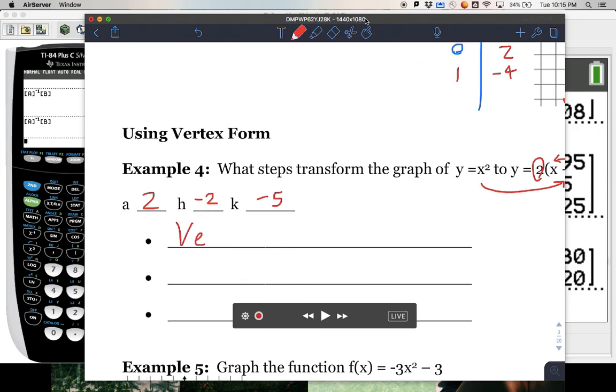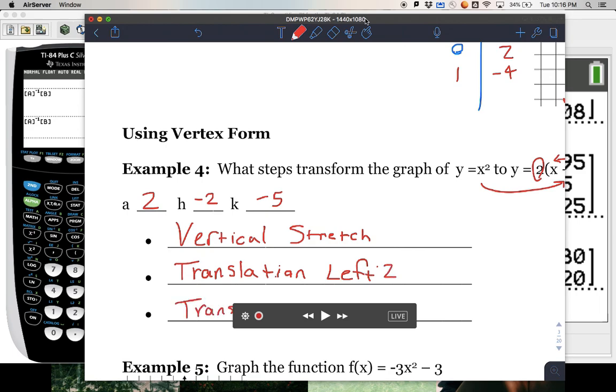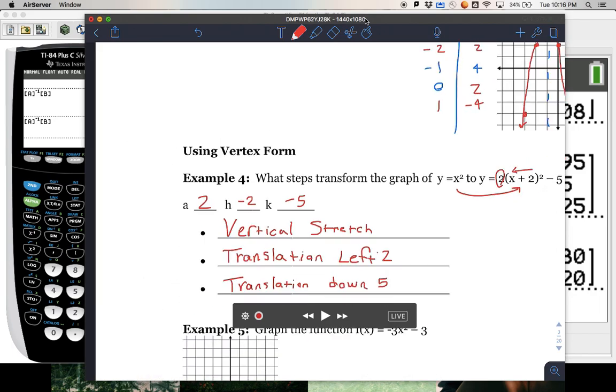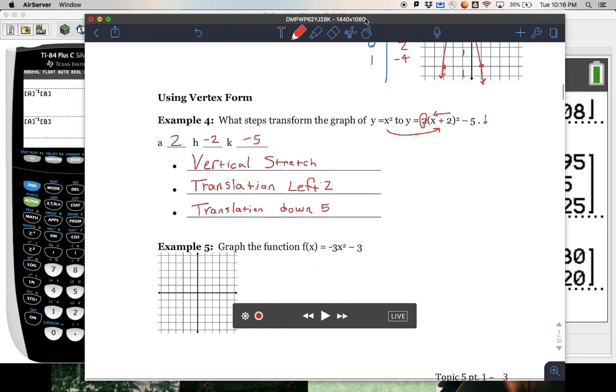So we can say it's a vertical stretch. H is a translation, is the fancy word for it. So it's a translation, I guess, left 2. And then it's a translation down 5. So just know your rules, and that will speed those problems up.